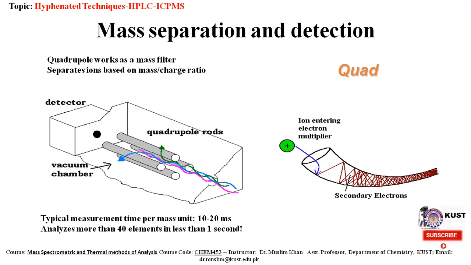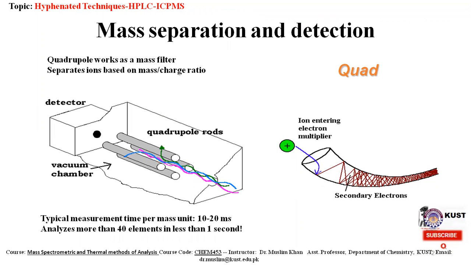So, till now, we have discussed how ions are basically generated in ICP, inductively coupled plasma. Usually, a quadrupole mass analyzer is used as a mass filter.